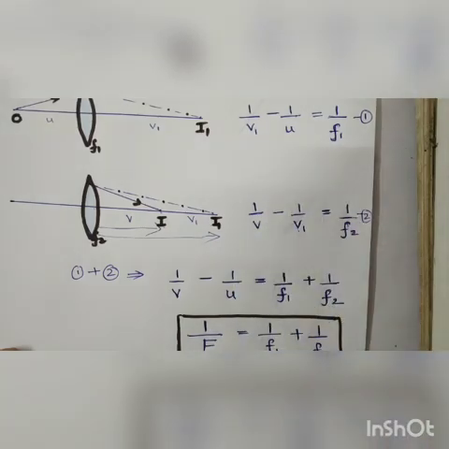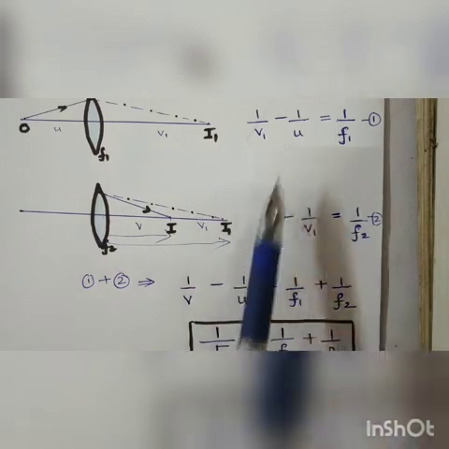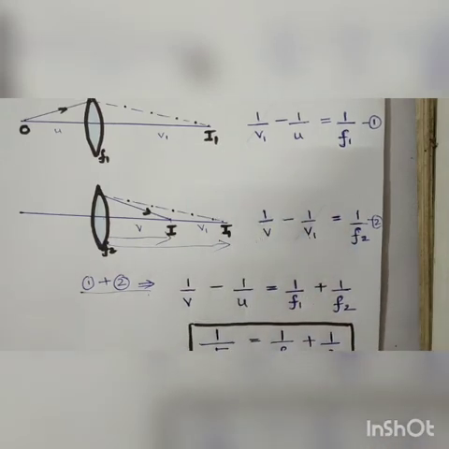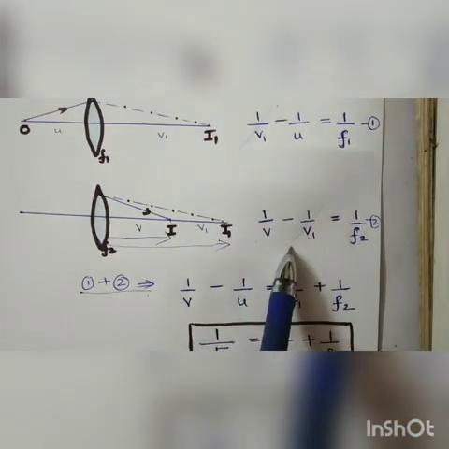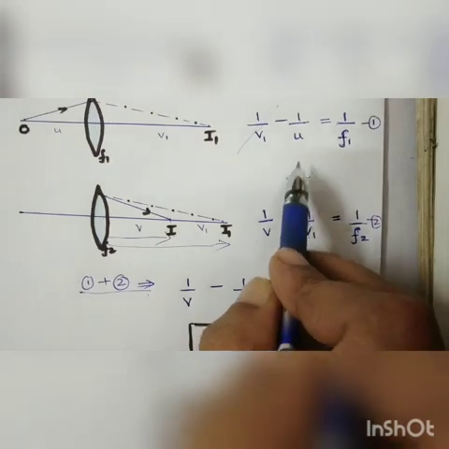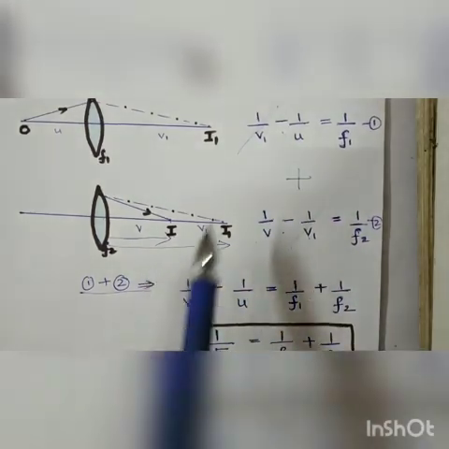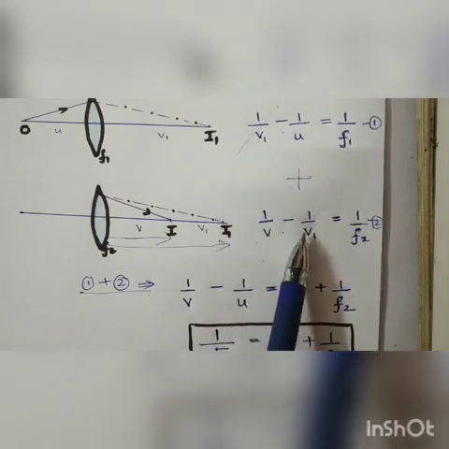Equation 1, equation 2. When you add these two equations, adding equation 1 and 2, what happens? 1 by v1 minus 1 by v1 gets cancelled. When you are adding these two equations, we are going to add this equation plus this equation. So 1 by v1 and minus 1 by v1 gets cancelled.